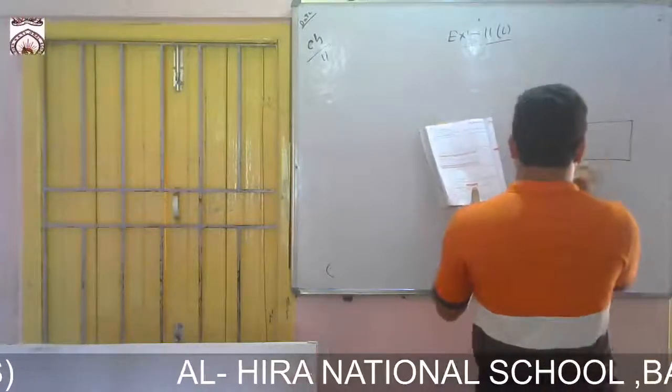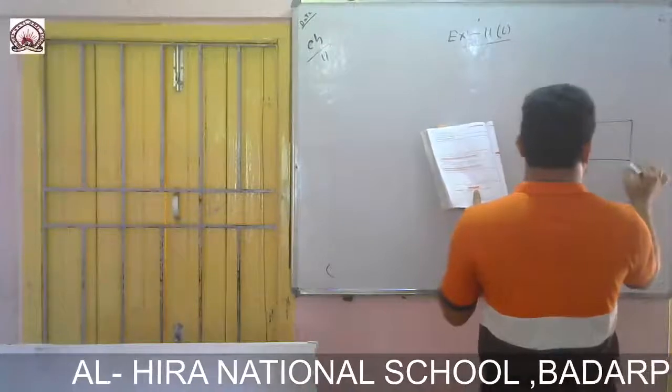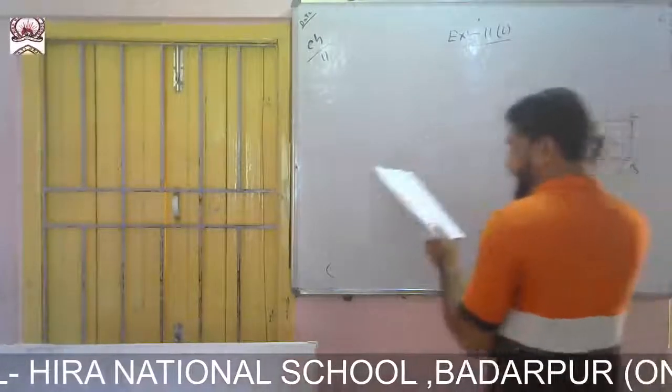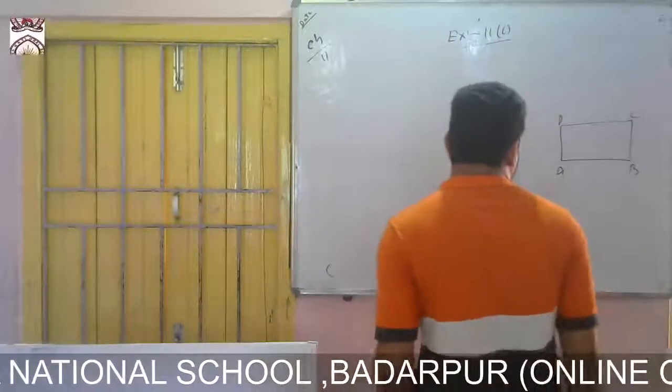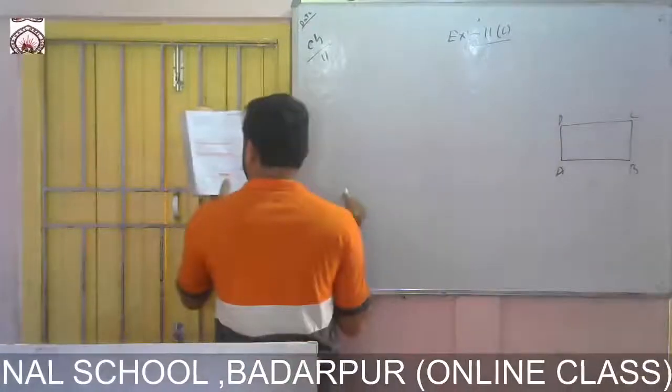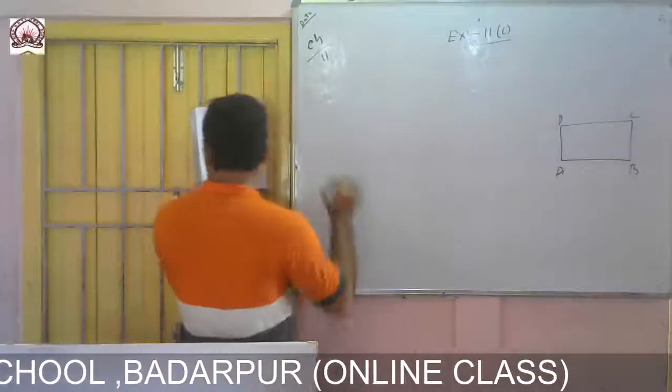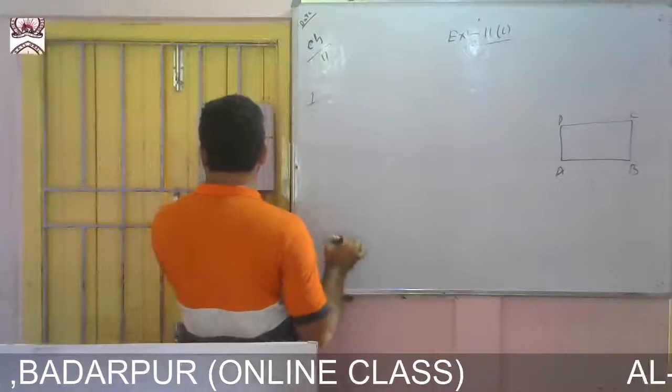A, D, B, C. So in number 1, we need to find pairs of perpendicular lines.